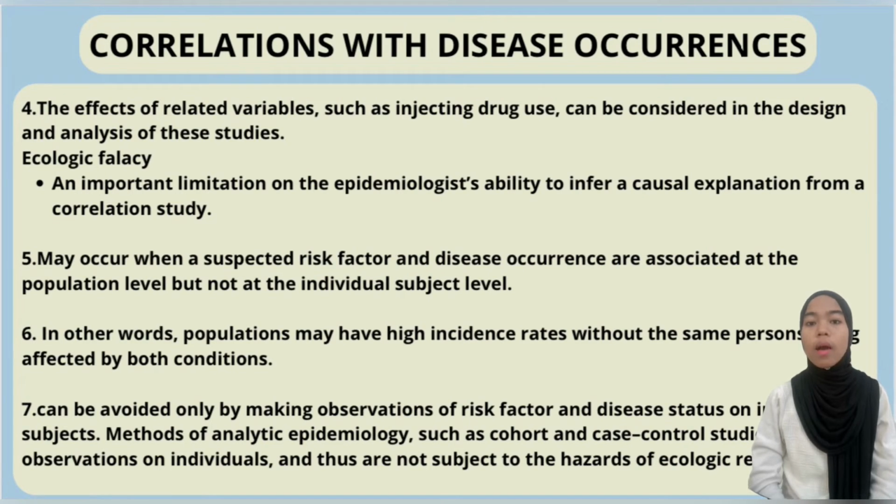In other words, a population may have a high incidence of disease without the same persons being affected by both conditions. This can be avoided only by making observations of risk factor and disease status on individual subjects. Methods of analytic epidemiology, such as cohort and case control studies, involve observation on individuals and thus are not subject to the hazard of ecologic reasoning.